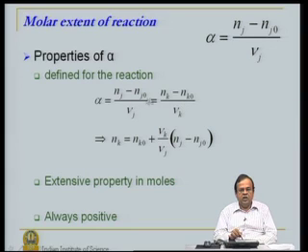By using this equality and rearranging these terms, I can now write the number of moles of species K at any point of time as what we started out with, N k 0, plus the ratio of nu k by nu j, the corresponding stoichiometric coefficients, times the difference N j minus N j 0.